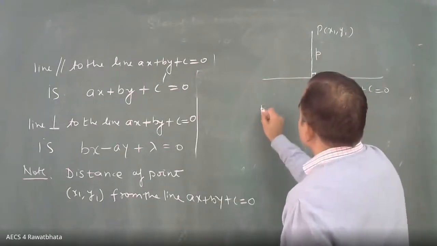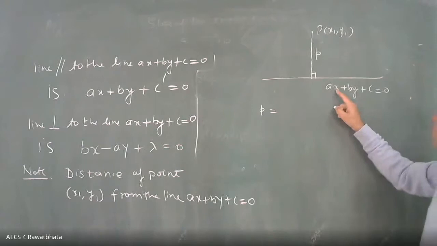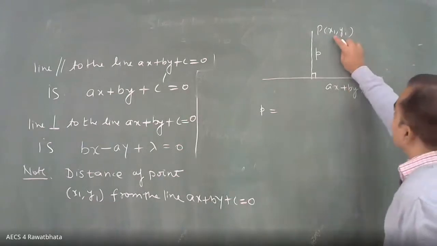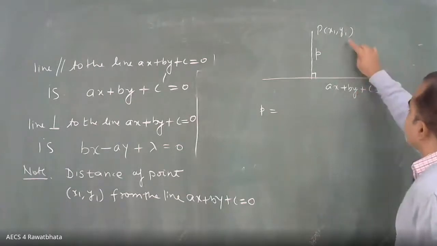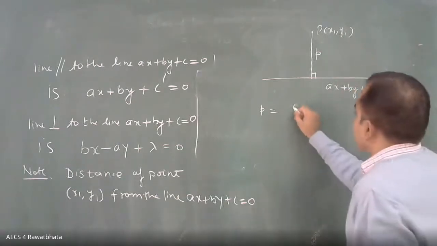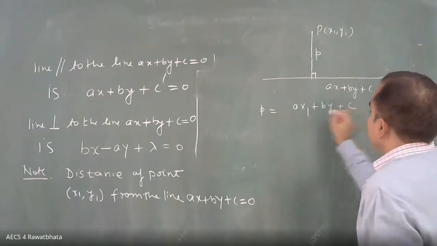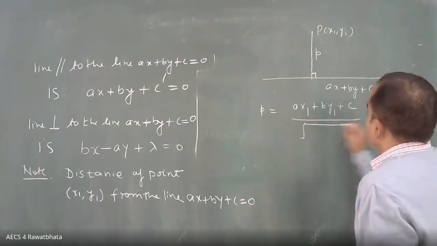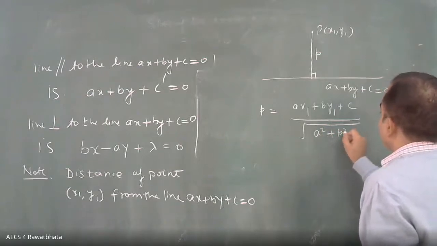Then this p is given by the formula: in the equation of the line, you remove x and in place of x you write this x coordinate, and in place of y you write this y coordinate. So you get ax1 plus by1 plus c, whole upon the root of a square plus b square.